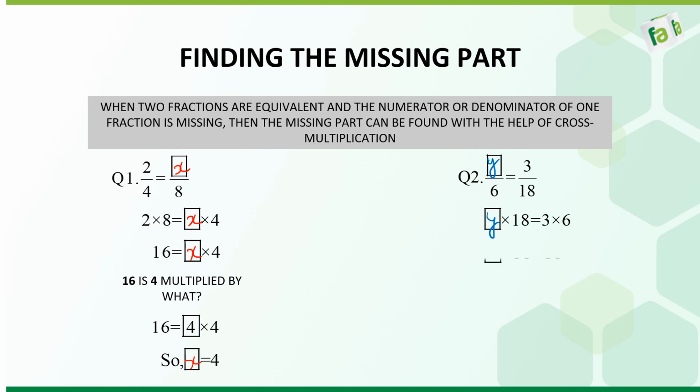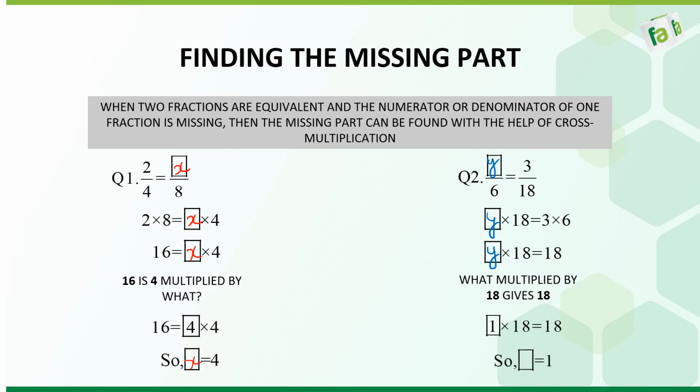By further solving it, y into 18 is equal to 18. Now, what multiplied by 18 gives 18? It is equal to 1 into 18. So, y is equal to 1.